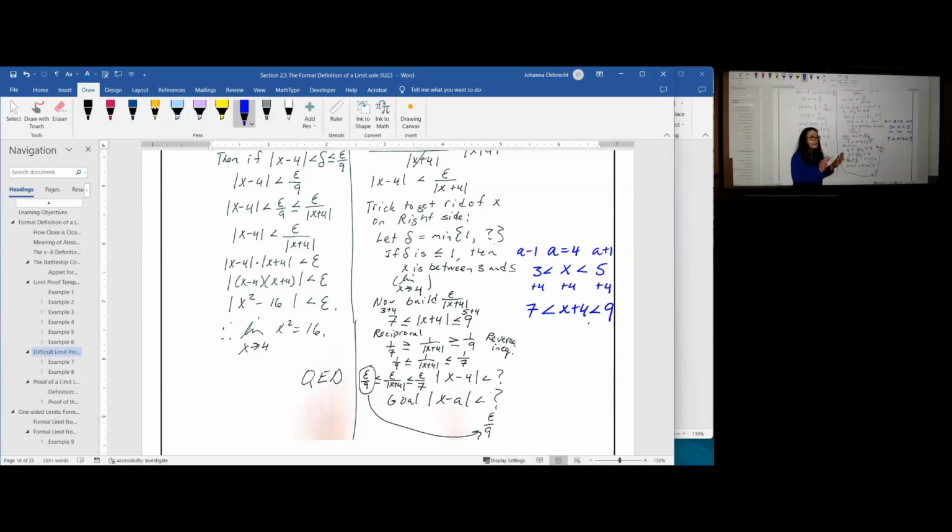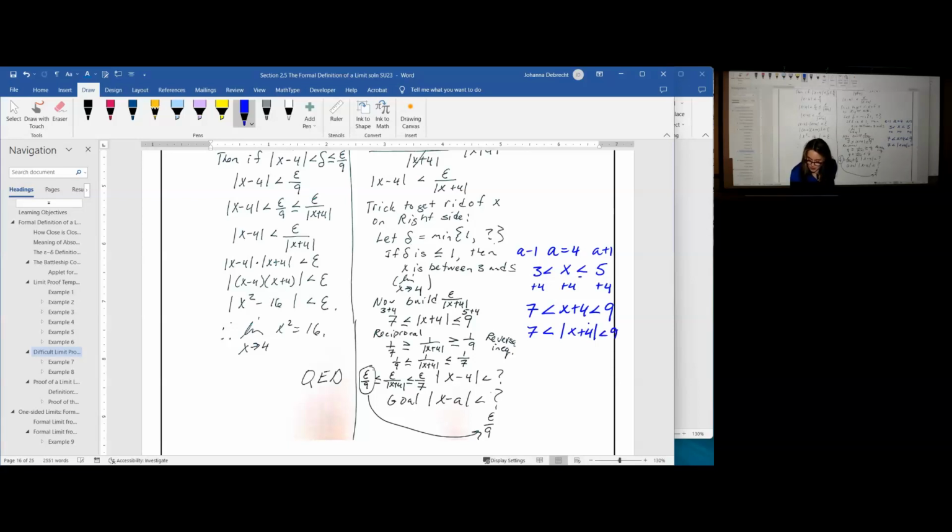Note that 7 and 9 are positive, so x plus 4 must also be positive. I can replace it with absolute value then. It will mean the same thing because it's already positive. That means that I can write that this has to be between 7 and 9.